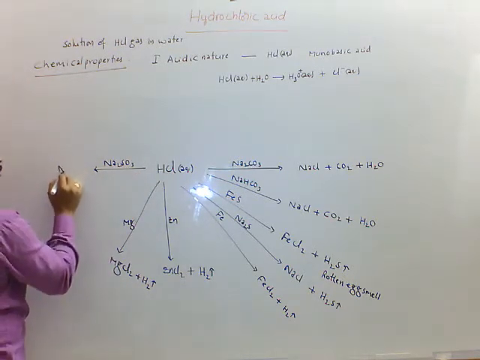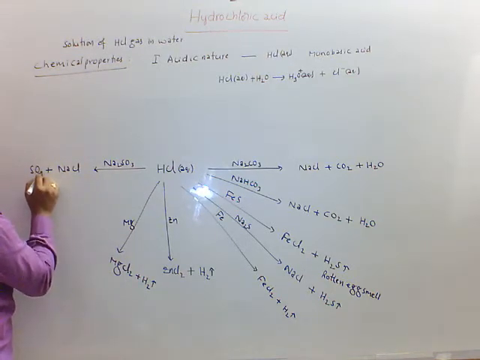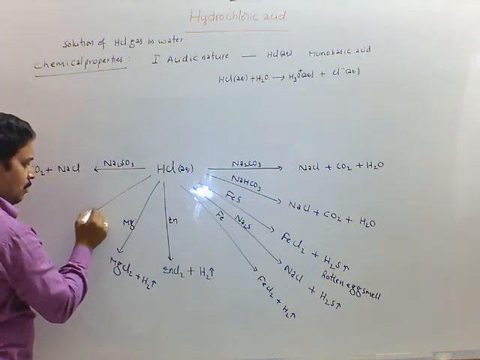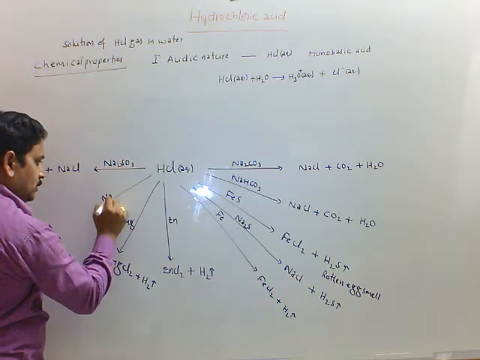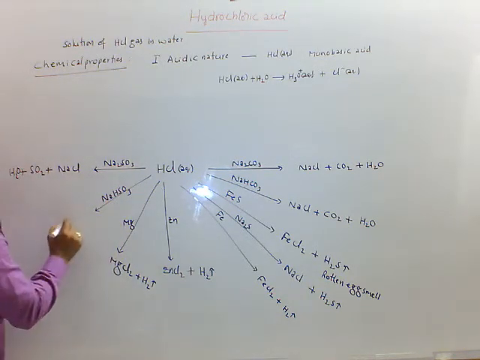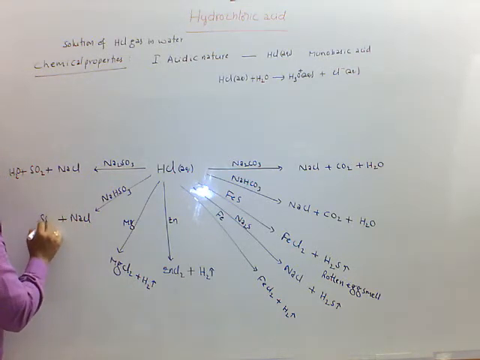We get sodium chloride, sulfur dioxide and water. Reaction with sodium bisulfite NaHSO3. In this also we get sodium chloride, it is salt, sulfur dioxide and water.